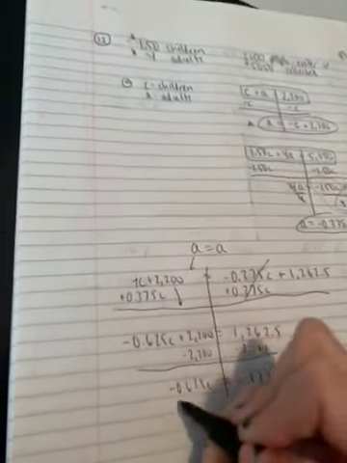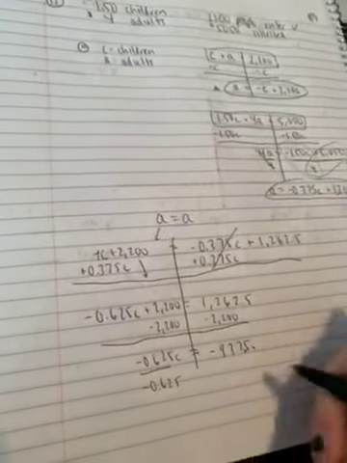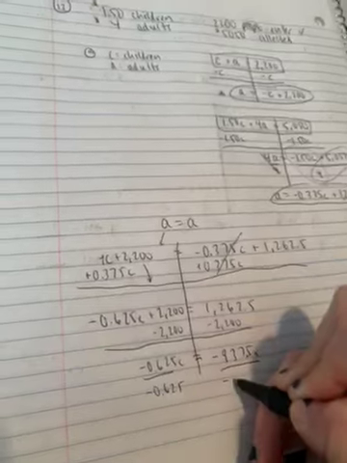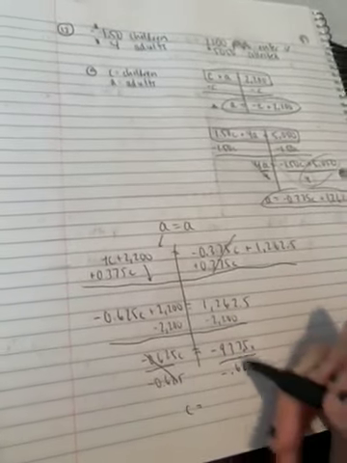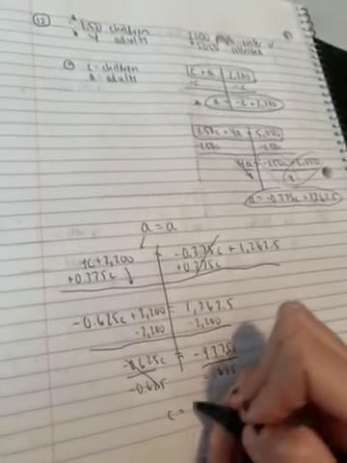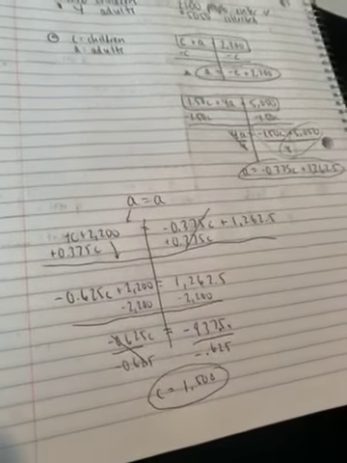Okay. Last step, get c by itself, divide by negative 0.625, divide by negative 0.625. C then equals, if I take these and divide it, I get the children to equal 1,500.